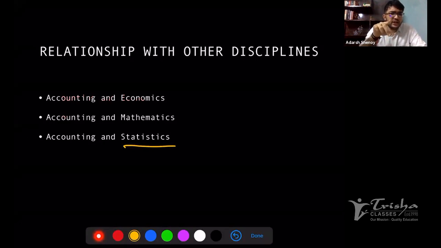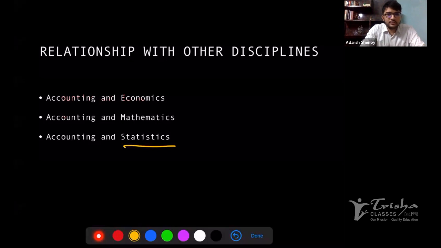In accounting, you studied accounting ratios when you were in 12th standard. There was one chapter in the company accounts known as ratios, that is, accounting ratios. Again, those ratios are derived from statistics.